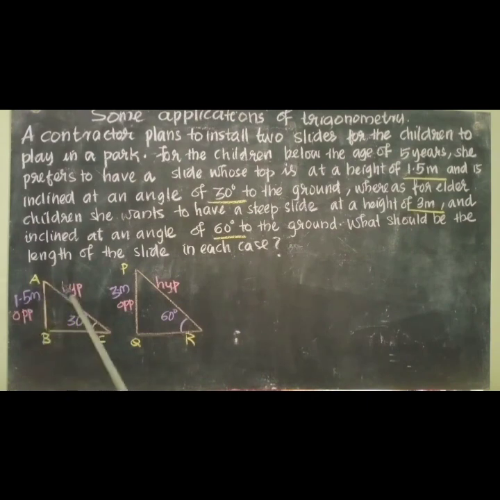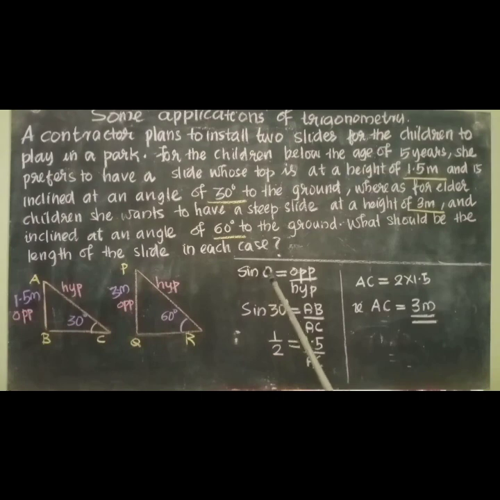So we need to consider the ratio of opposite side and hypotenuse. Which is the ratio of opposite side and hypotenuse? We have sin theta equal to opposite side by hypotenuse. Here theta equal to 30 degree. So we can write sin 30 degree equal to AB by AC.